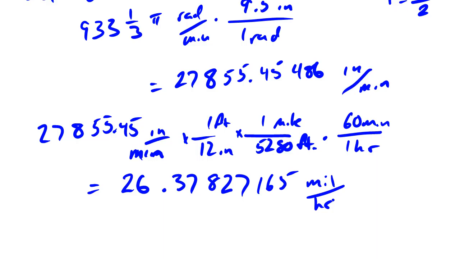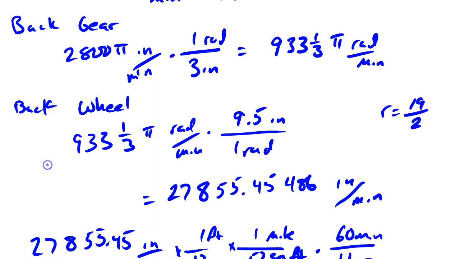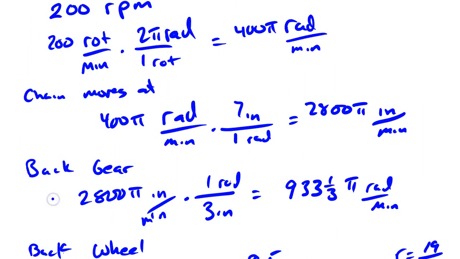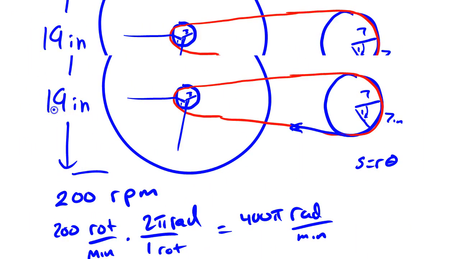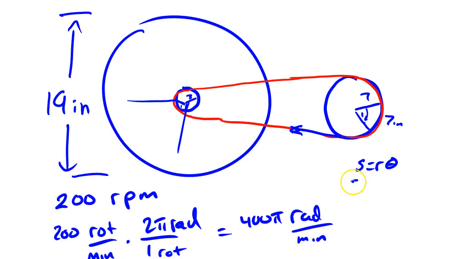Every one of these is a matter of realizing that the arc length is equal to whatever the radius is times the angle you turn through. So if you're turning through an angle of 1 radian every second on this circle, then you're going to be getting 7 inches of chain every second.